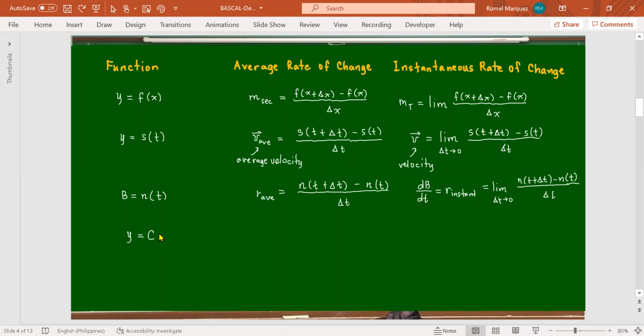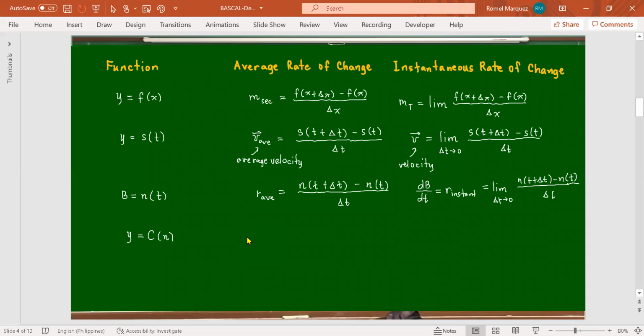Okay, guys? So C is dependent, for instance, on the number of items. N is the number of items that I produce, or the number of units of commodities. Is that clear, guys?